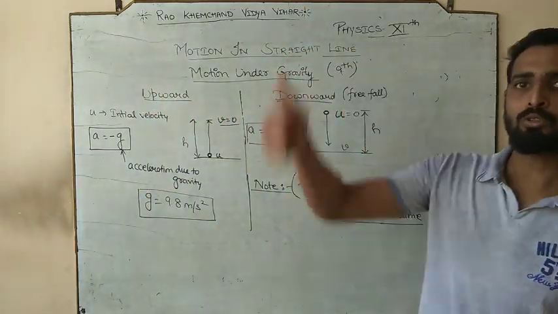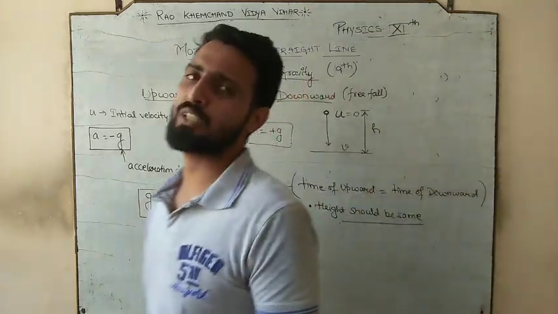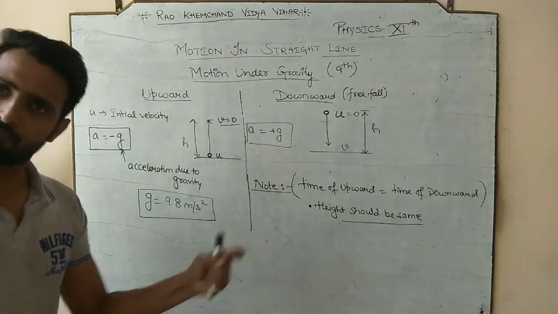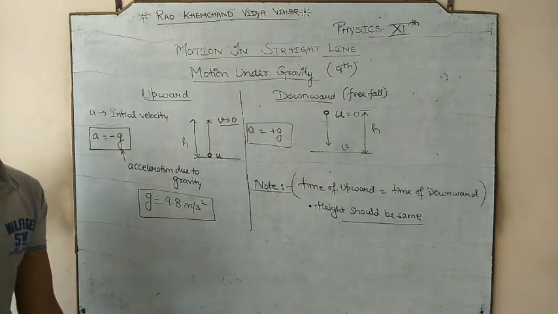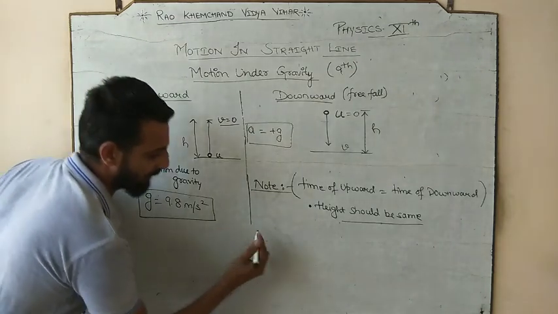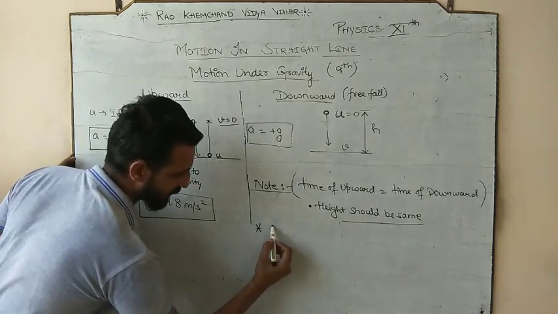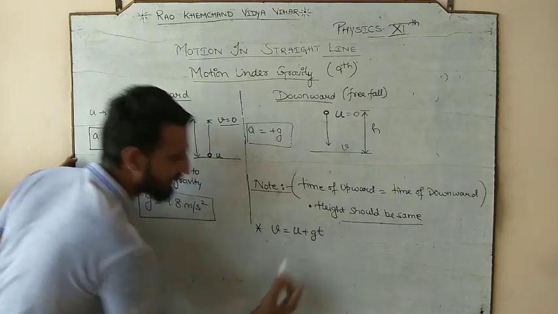It means 2 seconds for upward time, 2 for the downward time. That's why the total time is 4 seconds. So this would be very much helpful for you. Done? And this is the motion under gravity. And if it is motion under gravity, we can have the modified equations of motion. So first equation of motion, v is equal to u plus gt.